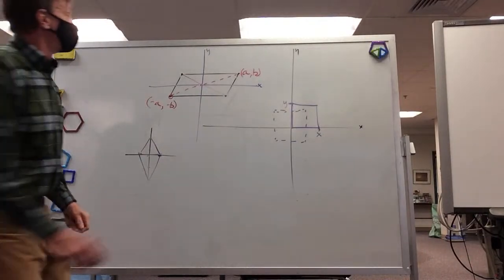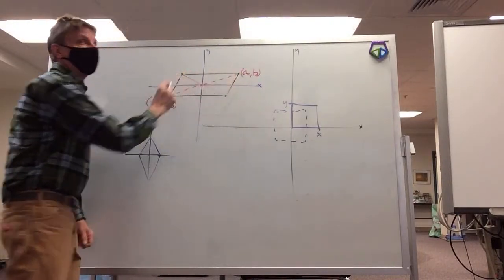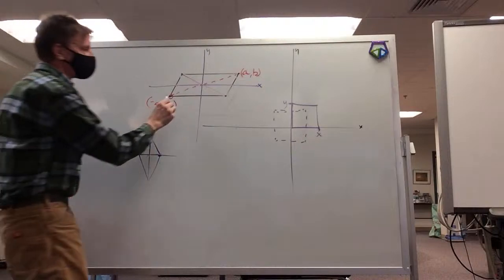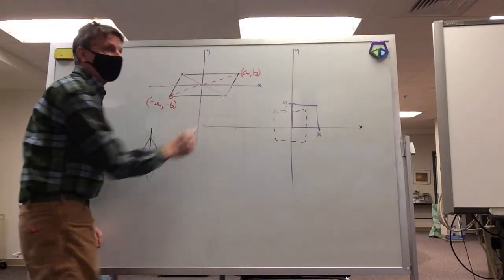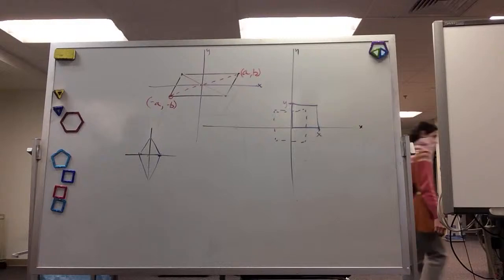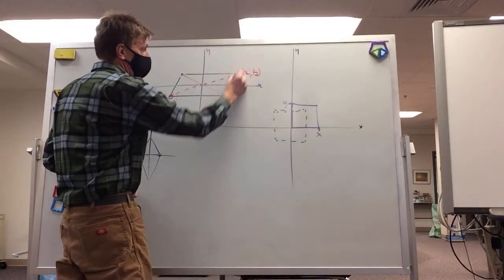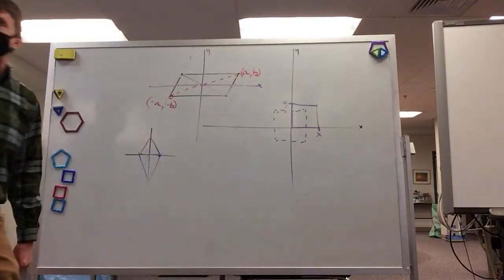Or what's the slope of this line across here? That's 0. And the slope of this is 0. And when lines have the same slope, then they're parallel. You have something in your packet that says that. So if this is a parallelogram, what's going to be true about this slope and that slope?